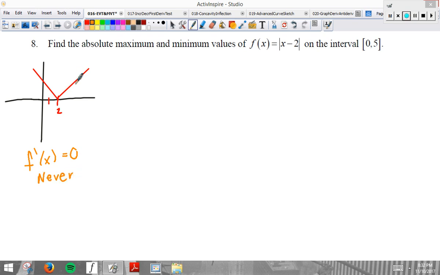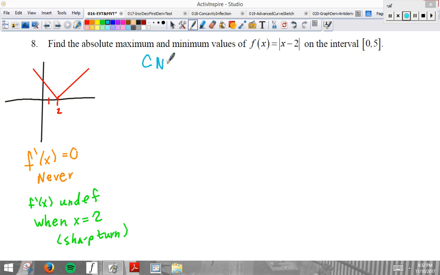When it does exist, f prime is only ever +1 or -1. And f prime of x will be undefined when x equals 2 because of the sharp turn there. So our only critical number in this case is x equals 2.